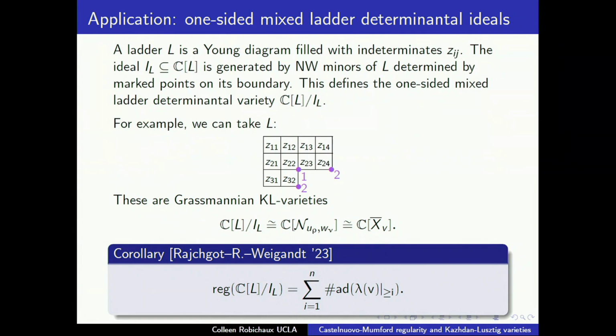Okay, so here this would tell me for this defining ideal, I would take the 1 minors there, so I'll have Z11, Z12, Z21, and Z22. And then this marked point will tell me to take all of the 2 minors of this region. So that would contribute this 2 by 2 minor here.